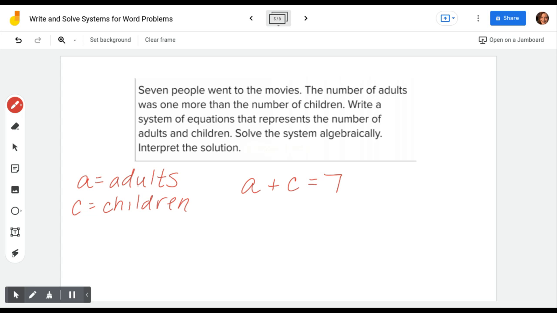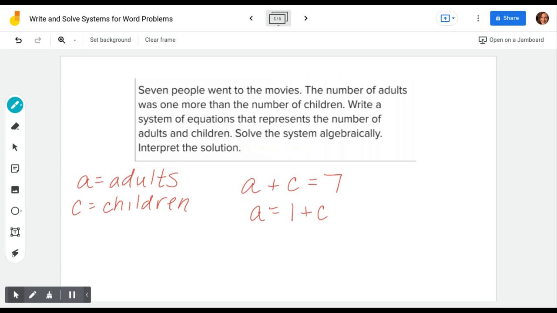Second equation is going to be how they're related to each other. It says the number of adults was 1 more than the number of children, so A equals 1 plus whatever C is. There's my system.